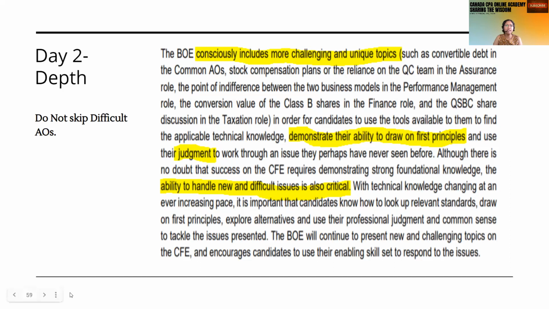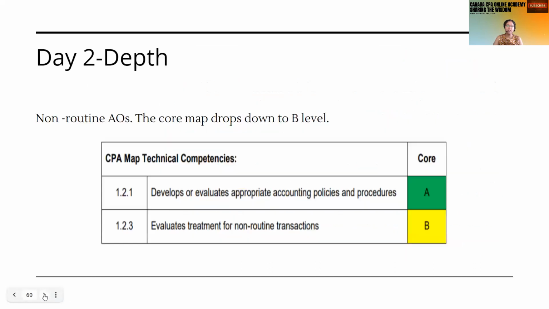So keep your calm and just write whatever you can think of, and whatever you could find in that limited time. So that is what they're trying to see. Now see here, for non-routine AOs, the core map, this is for non-routine transactions, is listed as B. So they're not expecting a very highly detailed answer or treatment for those types of AOs.